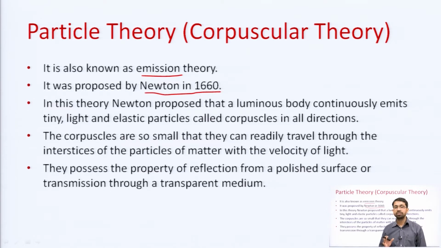Okay. So, this is an assumption that Newton gave, that any source of light, either sun or a simple tube light, a bulb or a torch, every light source emits very tiny, very lightweight and very elastic particles in all the directions, right.